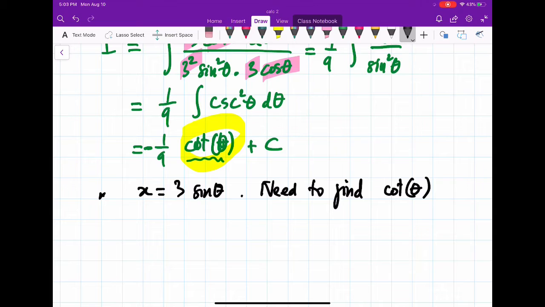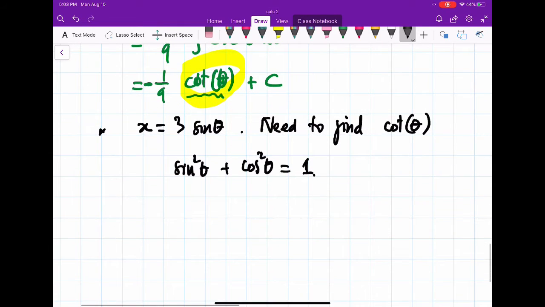But I think it is okay. You may find cotangent via cosine, whatever, right? For example, we know that sine squared plus cosine squared is equal to 1. If you divide both sides by sine squared, you have just 1 plus cotangent squared theta equal to 1 over sine squared theta.